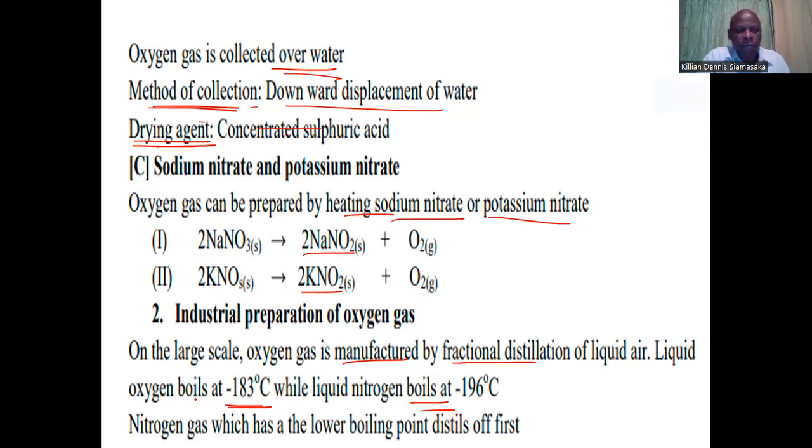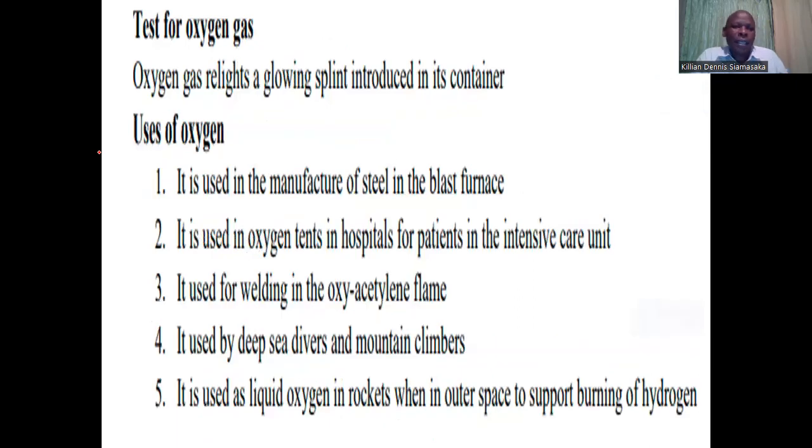Oxygen boils at negative 183 degrees Celsius, while nitrogen boils at negative 196 degrees Celsius. Meaning that during the distillation process, the one with the lower boiling point, which is nitrogen, is going to be collected first.